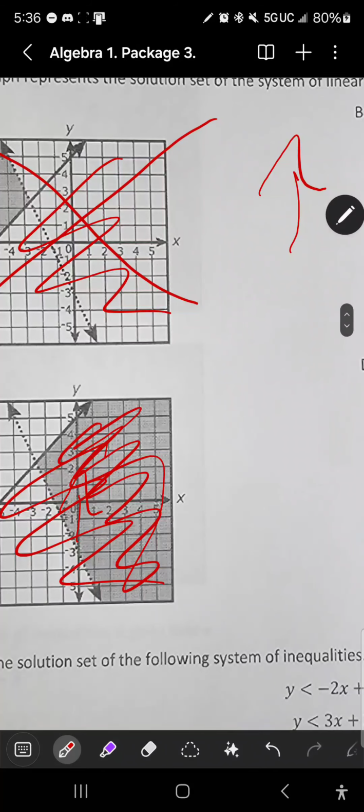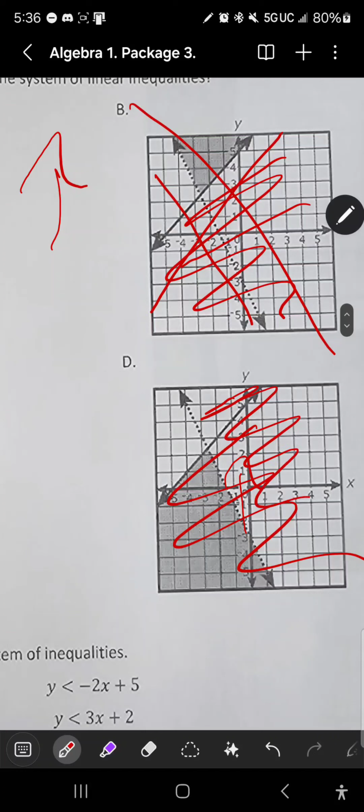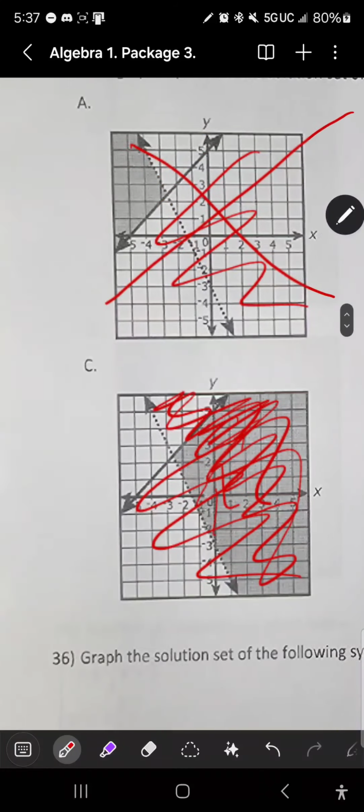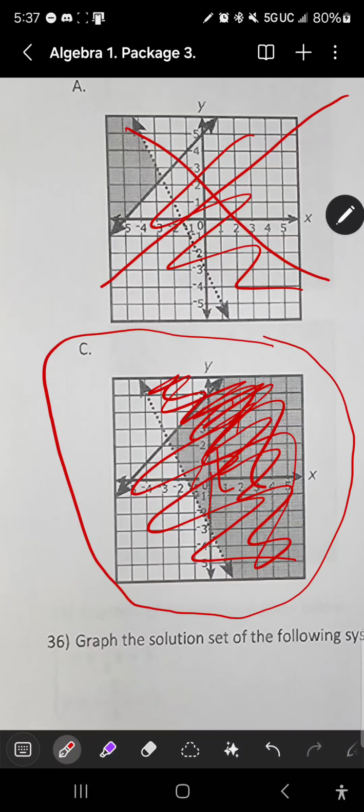It's going to be all over here, and all over here. So as you can see, this is not our answer since this shaded area is not part of the solution of this equation, and then it is this answer because we have a section that overlaps.